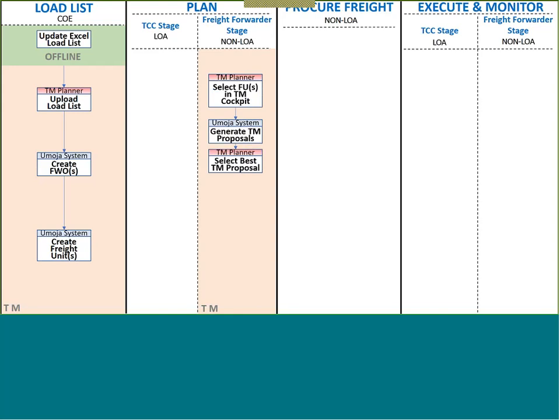We, as the TM planner, would select the best proposal based on distance, if it's sea or by airplane, or if it's the cheapest or the most expensive. So that would be up to us to select the best proposal. The system would calculate estimated charges and then eventually generate the freight orders and also the SOW, as we saw yesterday.